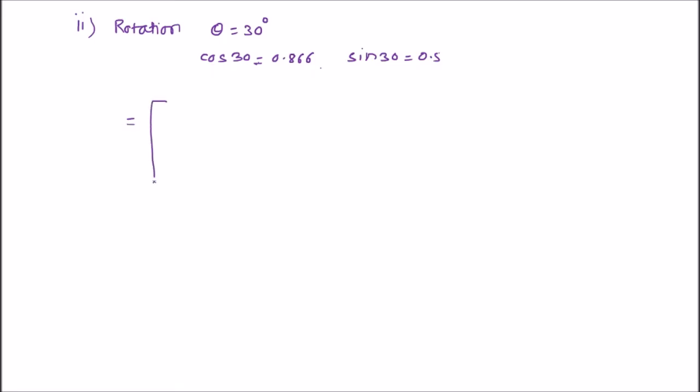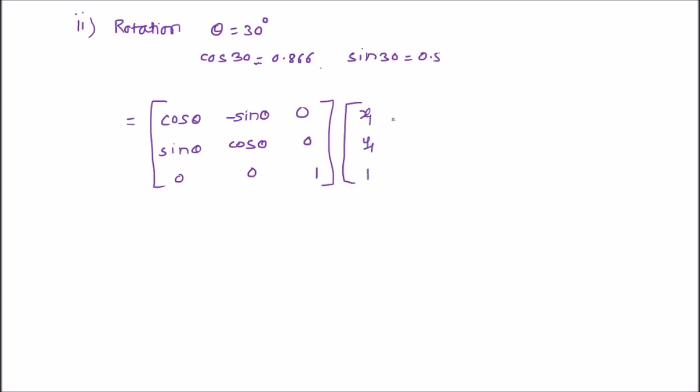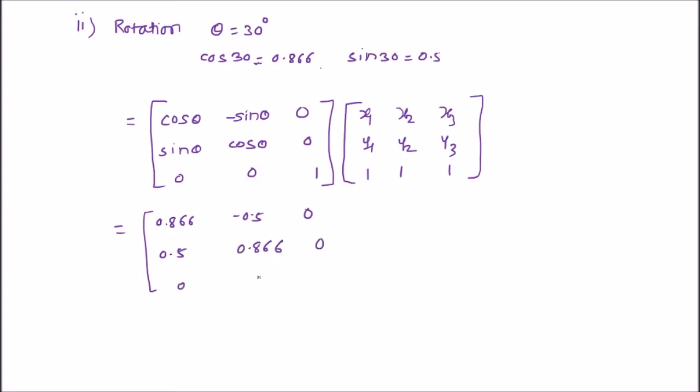Now we'll write the rotation matrix: cos theta, minus sin theta, 0; sin theta, cos theta, 0; 0, 0, 1, multiplied by the coordinate matrix x1 y1 1, x2 y2 1, x3 y3 1. So put the values. Cos theta is 0.866, so it is minus 0.5, 0; 0.5, 0.866, 0; 0 0 1. This is multiplied by the coordinate matrix.